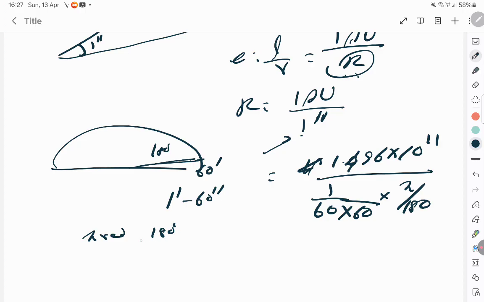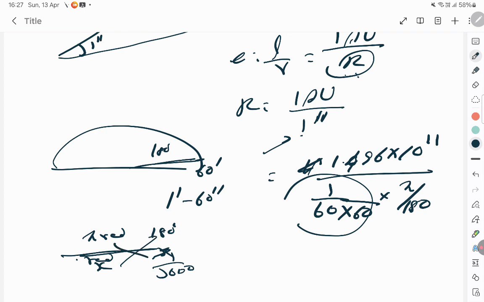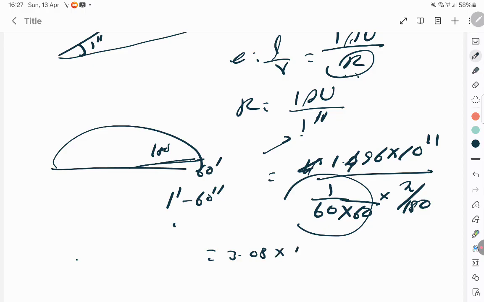So this many degree is equal to how many radians? 1 by 3600 degree is equal to how many radians? You have to do it like this. Okay, this is how you write. So then this value will amount to 3.08 into 10 to the power 15 meters, which is the greatest unit you would have come across.